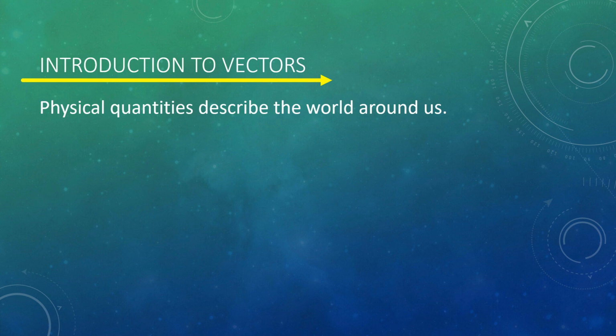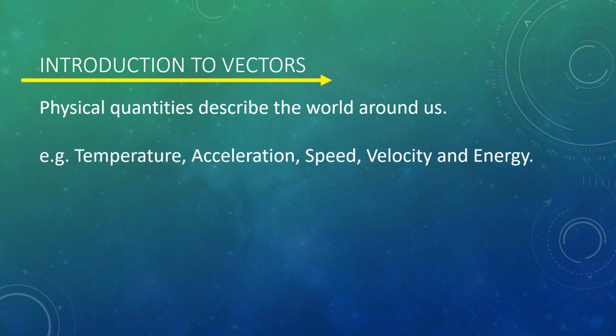So before we start understanding vectors, let's think about the physical quantities that we encounter on a regular basis. We use physical quantities like temperature, acceleration, speed, velocity and energy to better describe the world around us. Be it rockets, satellites, or theme park rides, we can better describe them using vectors.